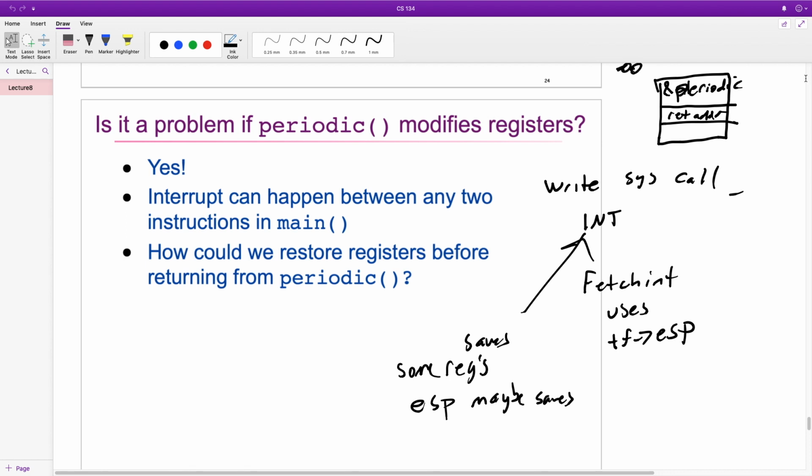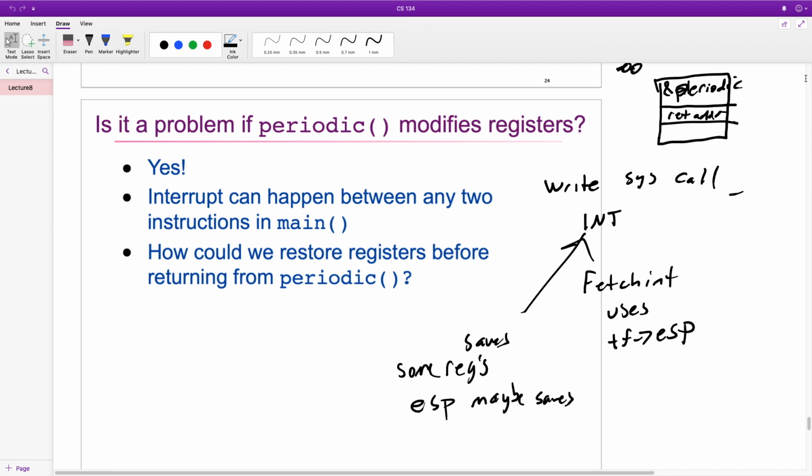Yeah, there are scratch registers that if the caller wants them saved, the caller will save them. Well, alarm test, the main, has no idea even periodic is going to be running between 2 instructions. So it might save something in EAX. The timer will call periodic. Periodic could overwrite EAX. As far as it's concerned, it's a scratch register, and then it returns and EAX has changed.